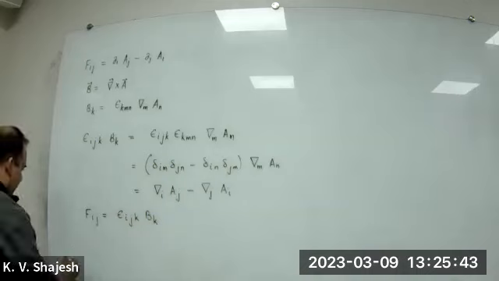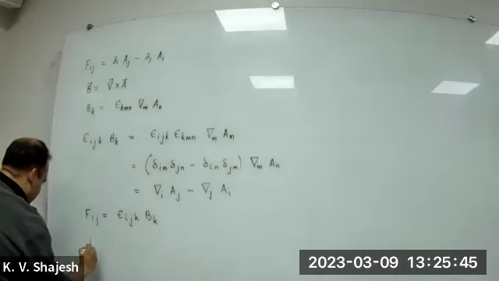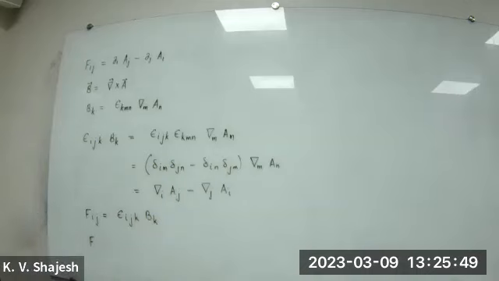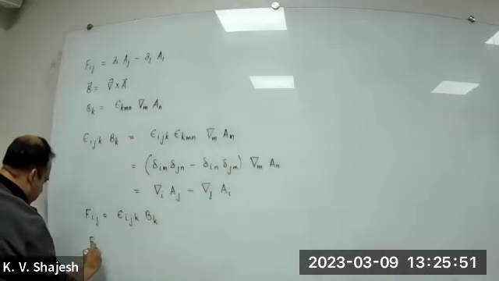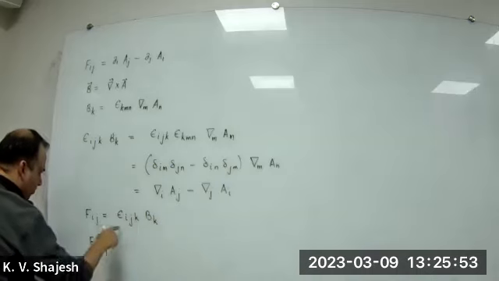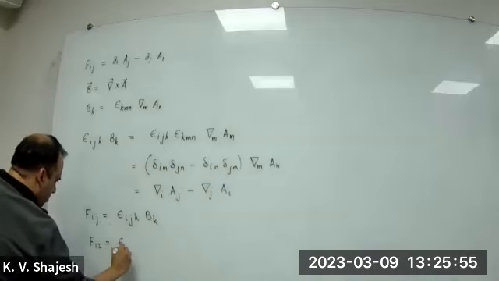So let's say F_12. F_12 will be epsilon_123 B_3.